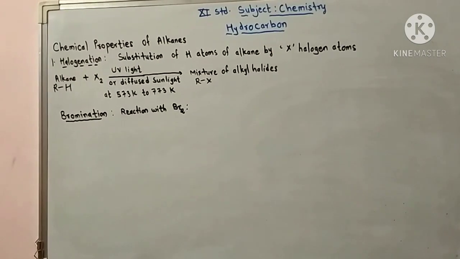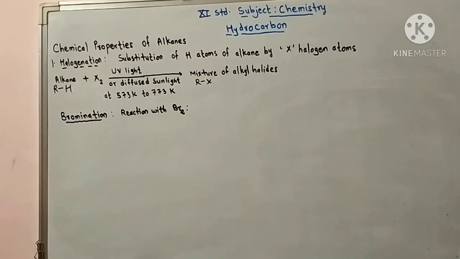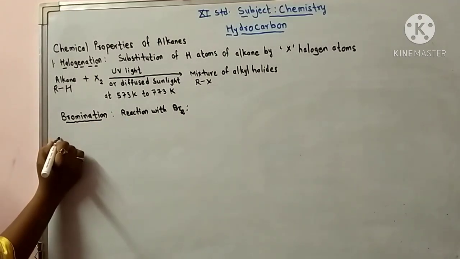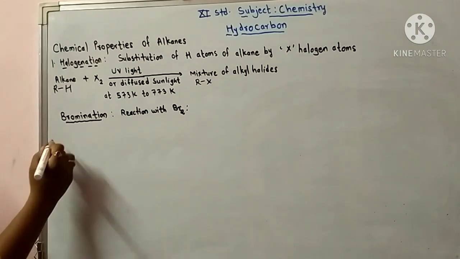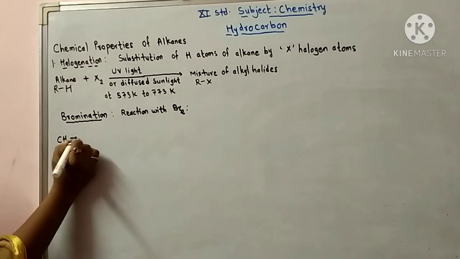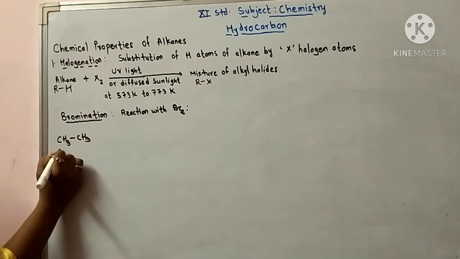Now let's see the halogenation reaction with bromine, bromination. For example, let's take ethane, CH3CH3, this alkane.